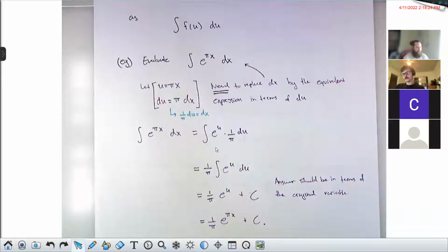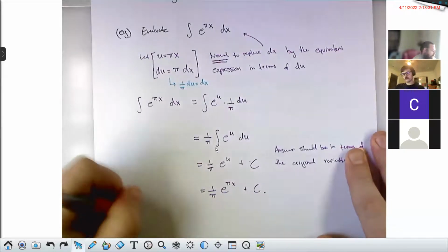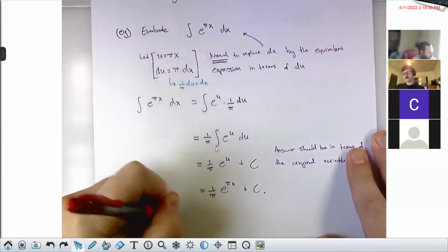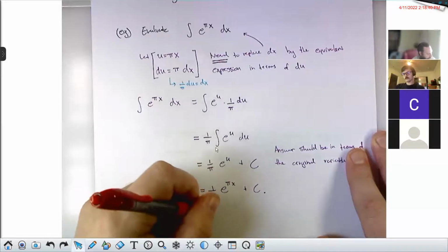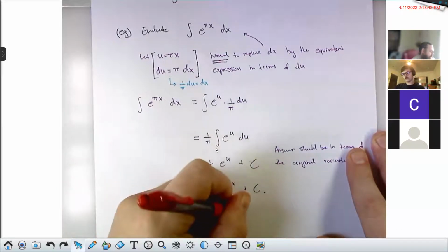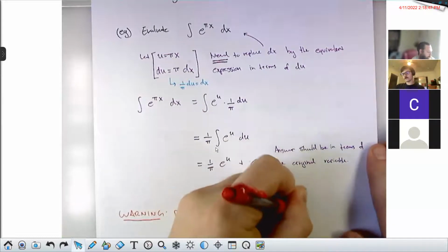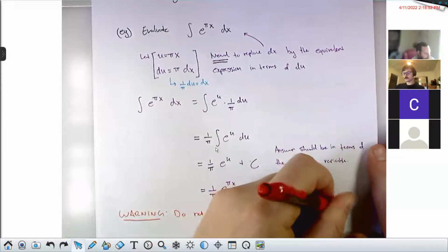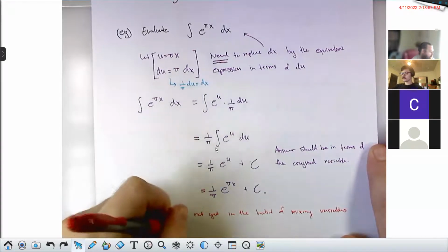So let's do it in red. Do not get in the habit of mixing variables in your integrals.